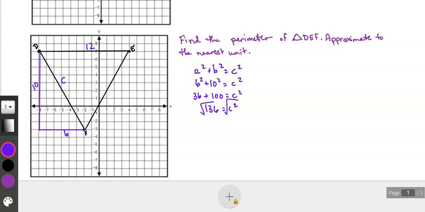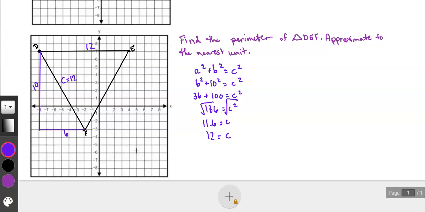When I take the square root, I'm going to get about 11.6, which is equal to c. Now it tells me to approximate to the nearest unit. So 11.6, is it closer to 11 or closer to 12? It's closer to 12, so I'm going to use 12 for my c value.